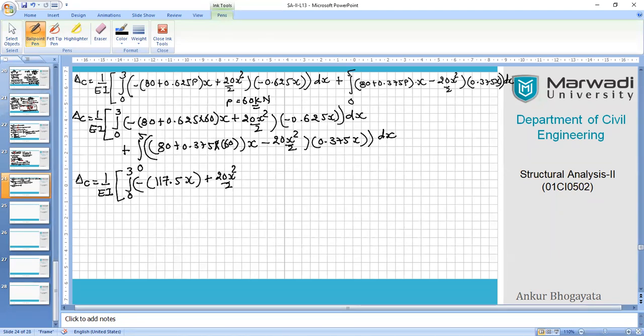Now please be watchful with the brackets, especially when you have negative signs, because it makes a lot of difference in your ultimate answer, right? dx plus 0 to 5 here, 0.375 into 60 gives you 22.5 plus 80, so it is 102.5, right?